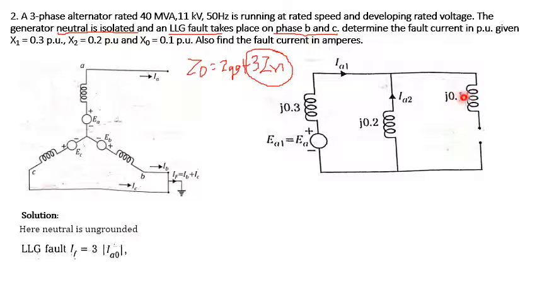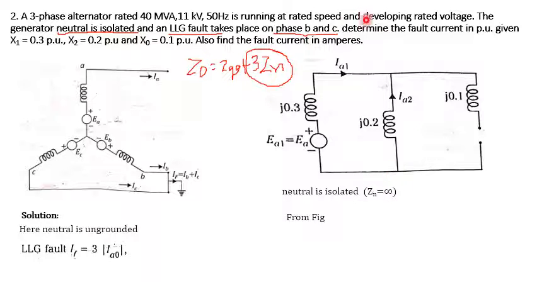So actually we are supposed to consider IA1, IA2 and IA0, but IA0 is not present because the switch is open, meaning the neutral is ungrounded. So what will happen? The Zn is going to be infinite.